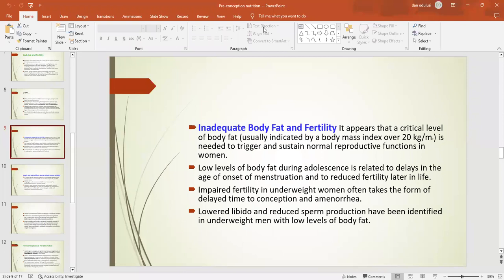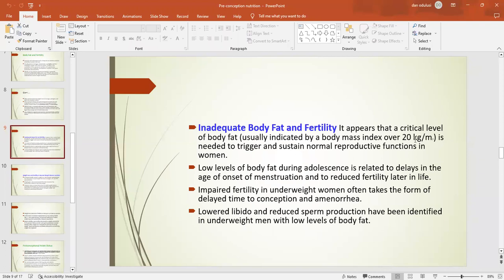What about the other extreme, where there is inadequate body fat, that is, much less body fat? It appears that a critical level of body fat, which occurs in individuals with a body mass index below 20 kilograms per square meter, is needed to trigger and sustain normal reproductive functions in women.